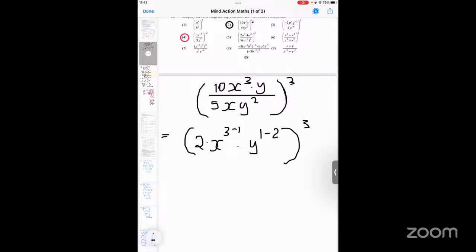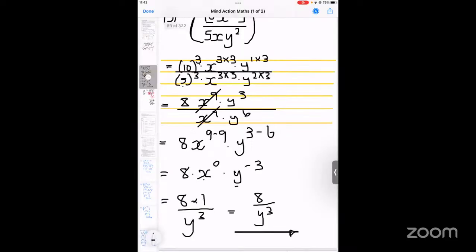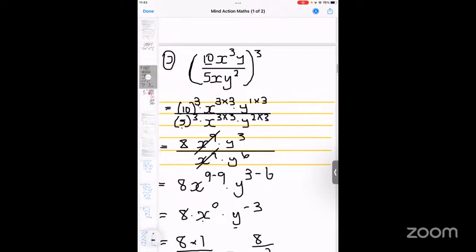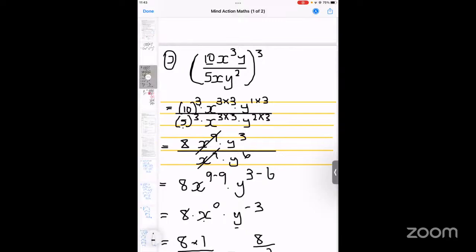I'm curious to know if we've done something incorrectly somewhere. 3 times 3 is 9. 3 times 1 is 3. Yes, no, it definitely shows that something was done incorrectly there. Can you see there, Langelihle? It's not supposed to be 3 times 3, but it's supposed to be 1 times 3 because there's an invisible 1 there.